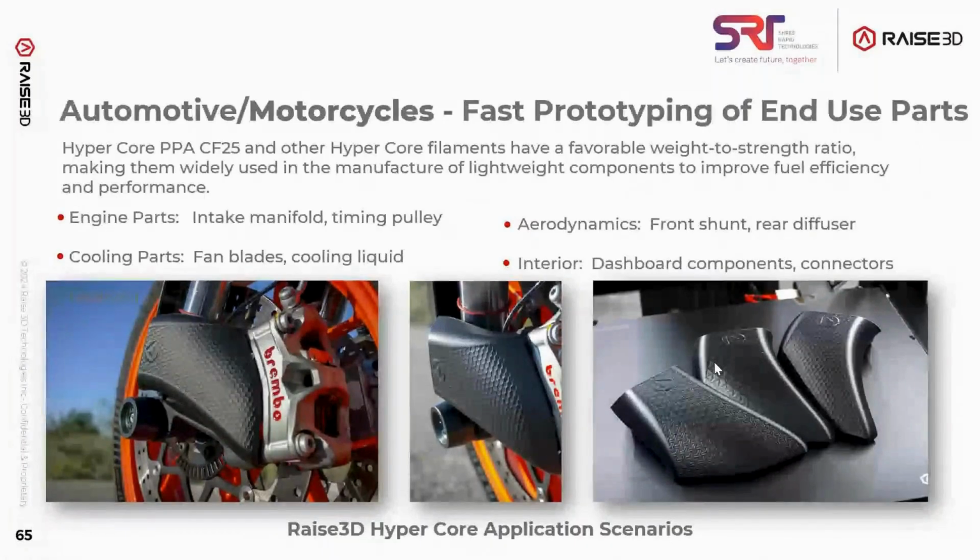One of the case studies from a customer where they manufactured this cooling duct of a motorcycle braking system on the KTM motorcycle. The complex curved geometry of the component is basically hard to produce quickly and repeatedly. So the Pro 3 series of printer was used to print this particular part using a PPCF material, polypropylene composite material embedded with the carbon fiber.